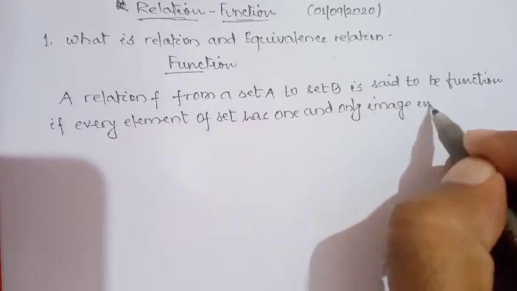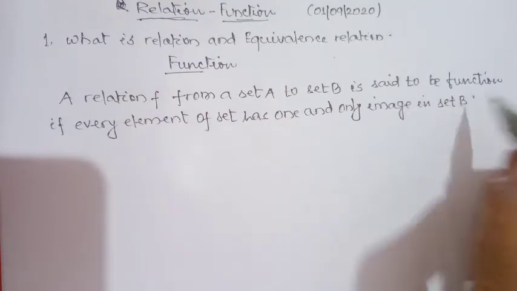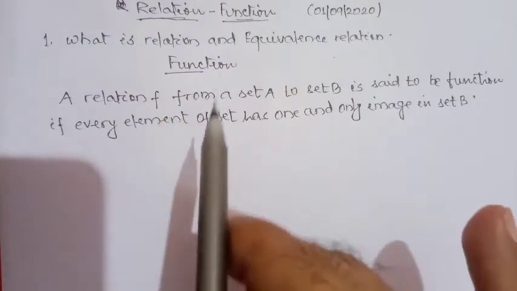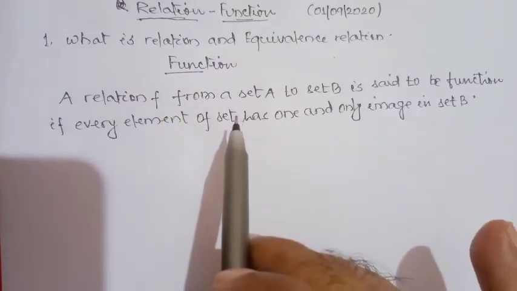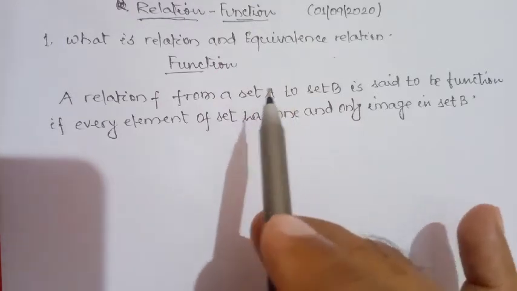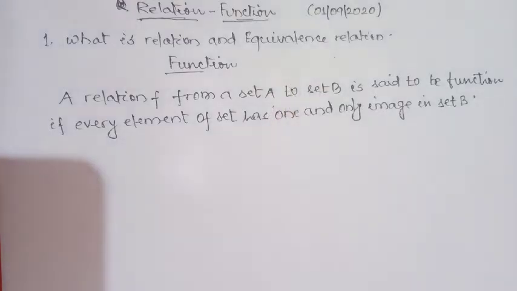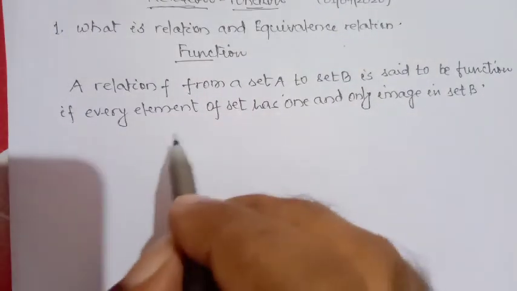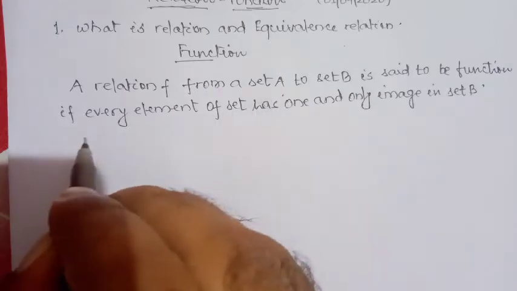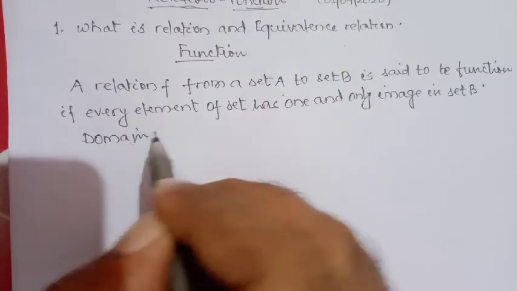In other words, you can see that domain of F is A and codomain or range of F is B. So first of all, see what is domain and range.